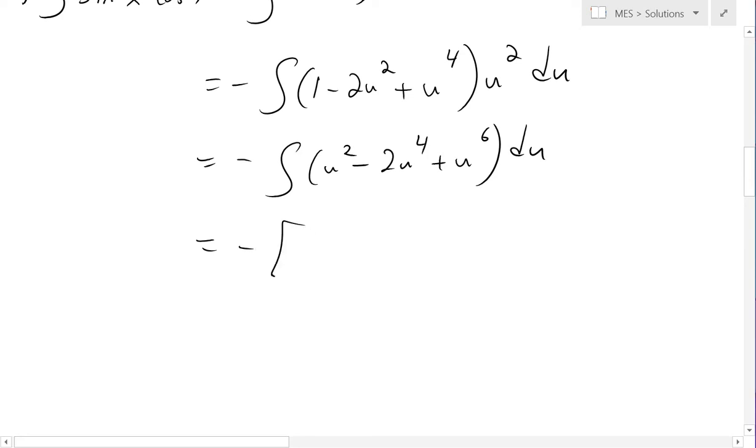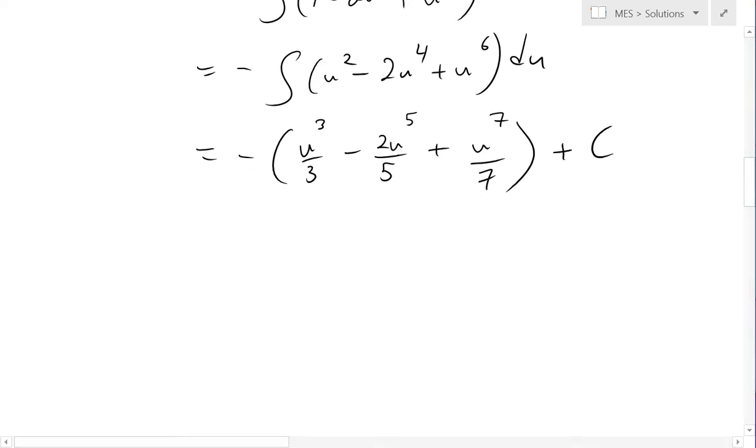Now we can apply the integral. This equals negative, and the integral is u cubed over 3 minus 2 u to the 5 divided by 5, plus u to the 7 divided by 7, and we always have to add the constant.